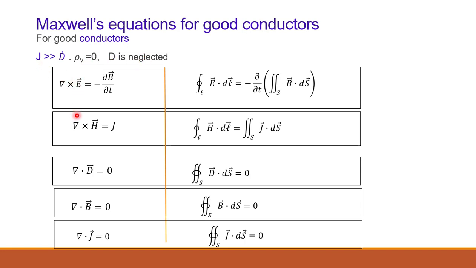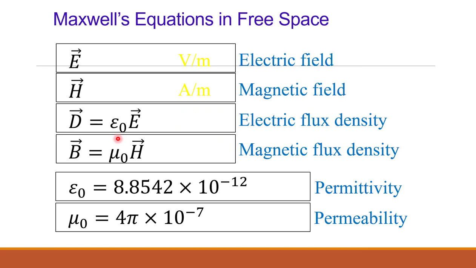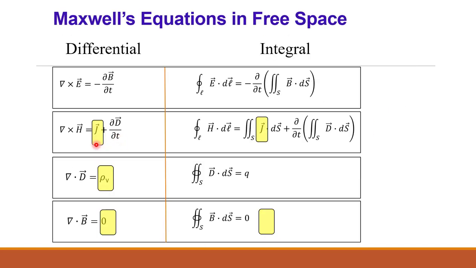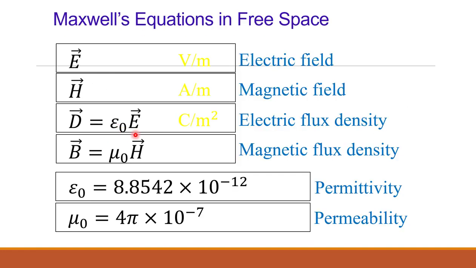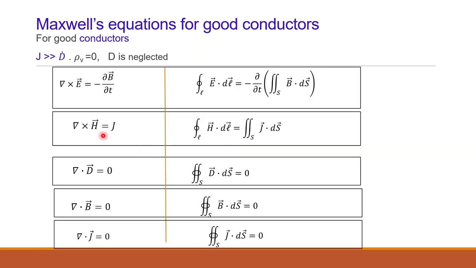Okay, so again the equations will change. Del cross E bar is equal to minus dou B by dou T, right? Here there is no J, no D, so we can keep this equation as it is. Second equation, del cross H bar is equal to J bar plus dou D by dou T was there. We are going to neglect this D, so our equation has been changed to del cross H bar is equal to J, right?